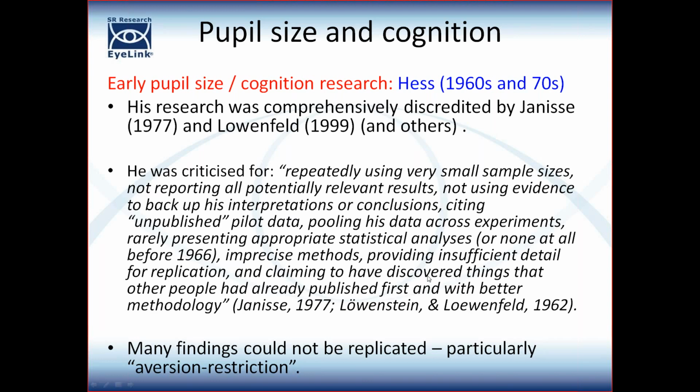And somehow, he managed to publish an awful lot of papers in quite prestigious journals. As ever in science, the most damning finding was the fact that many of his effects could not be replicated, particularly this idea of aversion restriction, the idea of your pupil constricting to emotionally negative stimuli or events.